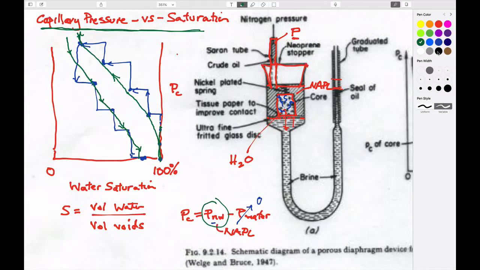And so if we wanted to, at any given pressure, we could just draw a line across here, and it would tell us something that's a bit ambiguous. It would tell us what the saturation is of the fluid, but unfortunately it gives us two values of that saturation, these two points here. And so it matters as to whether we're forcing oil in and water out, or if we're allowing water to imbibe back into the sample.